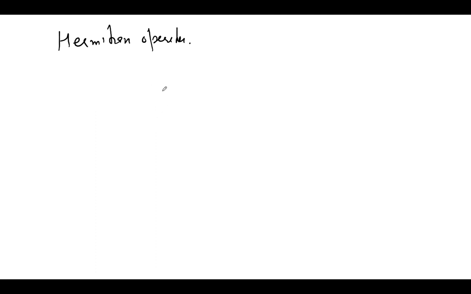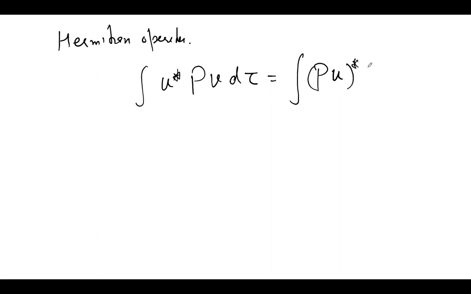That is, for arbitrary complex functions u and v, the integral of u star operator p v delta tau can be written as p u star v star delta tau.